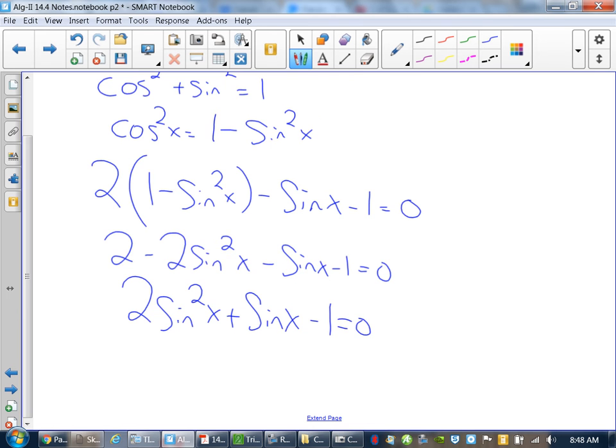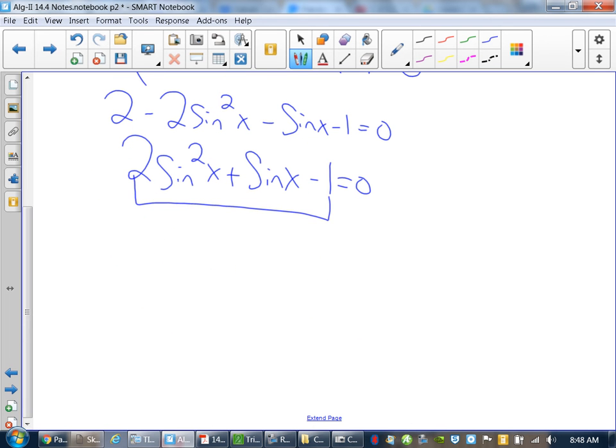Well, if we don't, what's 2 times negative 1? What times what is negative 2 that you add together to get positive 1? 2 and negative 1. So we get 2 sine squared x minus sine of x plus 2 sine x minus 1 is 0.